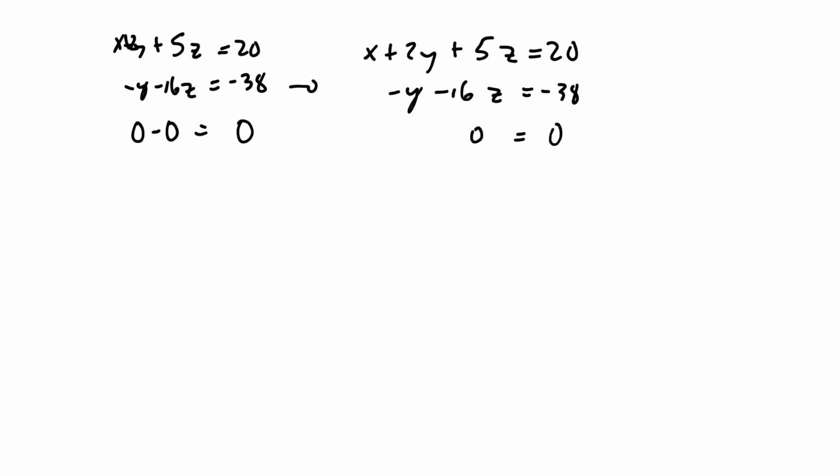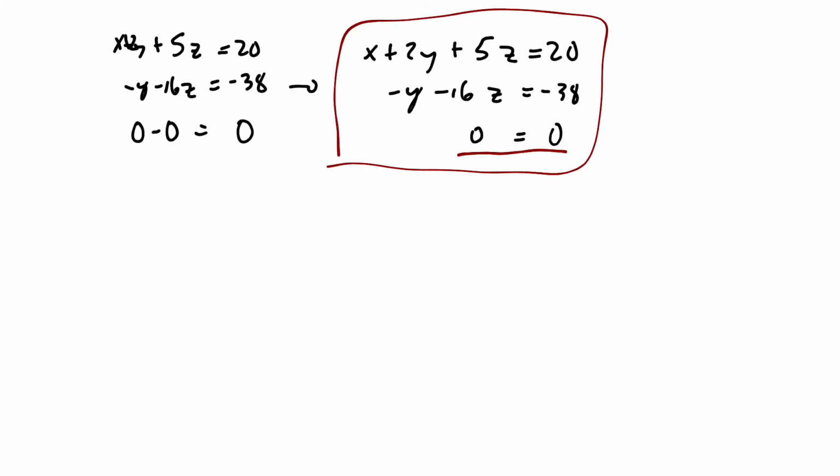And this is where it gets a little strange. What this is telling us is that two of the planes that we were looking at were actually the same plane. So 0 is equal to 0 is telling us that we have a free variable.